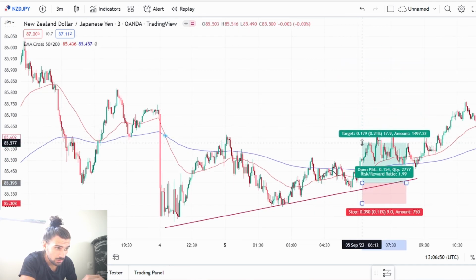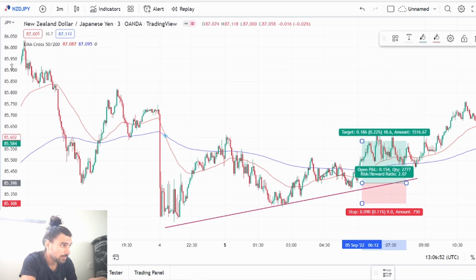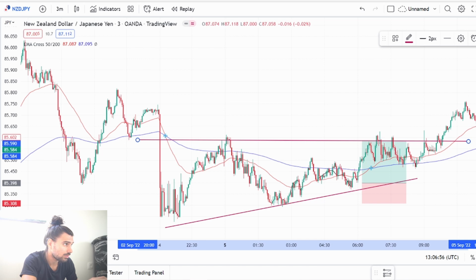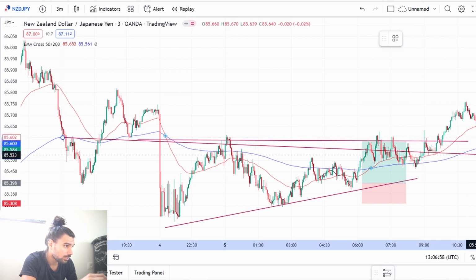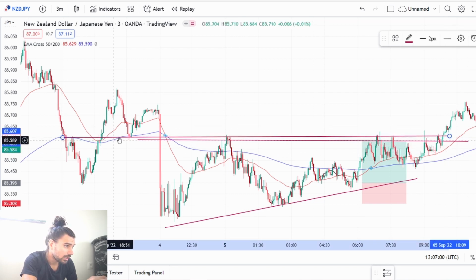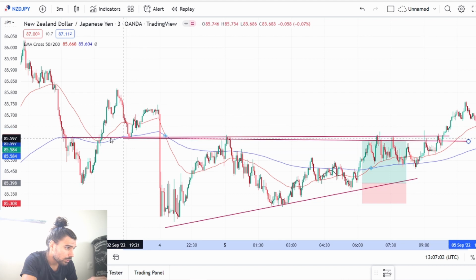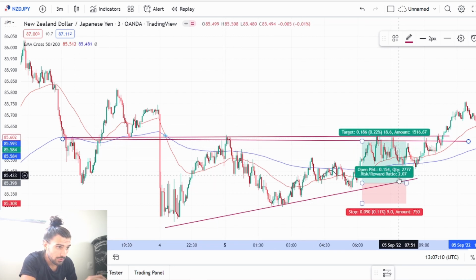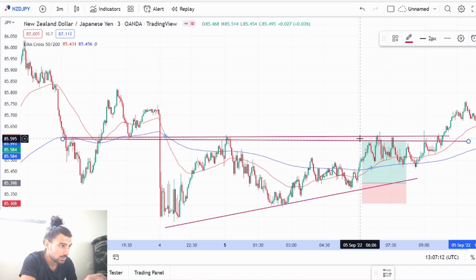So 1 to 2 would be this area, which would in this case be the first structure of support and resistance. So here we had a support area, the market bounced from this area, here we just break through, here it acted as a resistance area, here as well. So this would be my first target, which here would be 1 to 2.